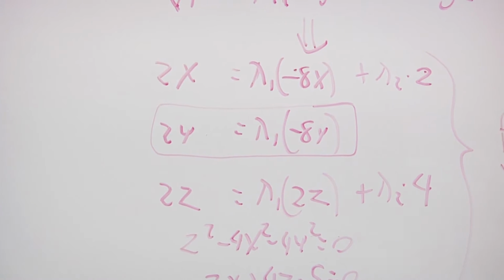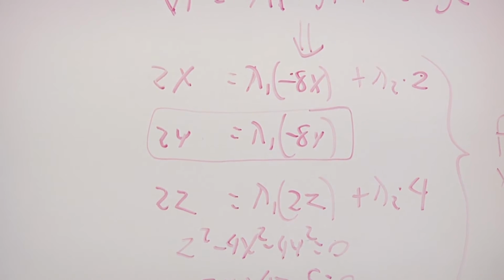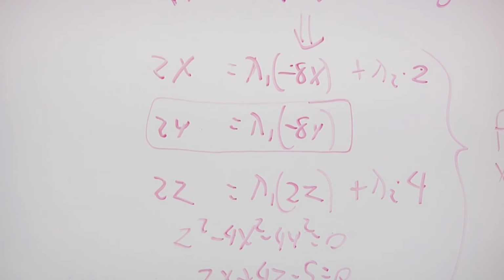All right. Well, what would it tell you for lambda 1? Lambda 1 would be -4. So you could get a solution from this. Or is that the only possibility?